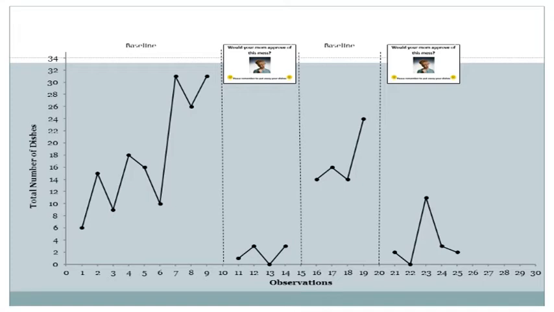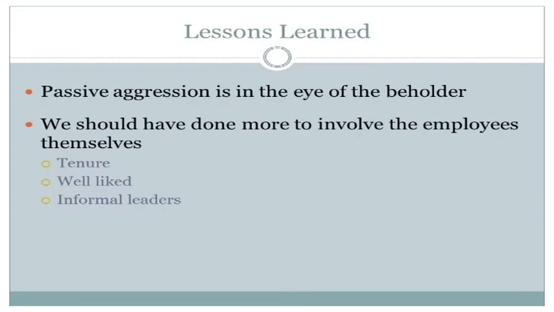But as it turned out, the employees absolutely hated it. And we learned from this that passive aggression really is in the eye of the beholder. Even what we thought was not passive aggression, they certainly did. What we probably should have done was to involve the employees more.